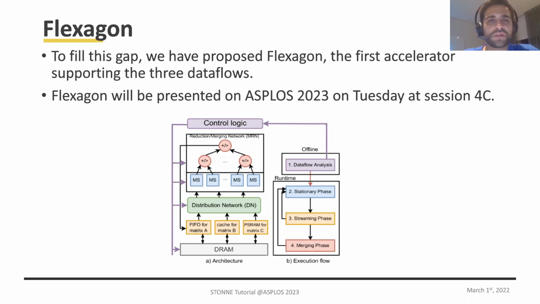Flexagon will be presented at ASPLOS 2023 on Tuesday at session 4C. If I was there, I would be taking care of this presentation, but since this is not the case, I think Jose Luis will be there explaining the details of Flexagon.